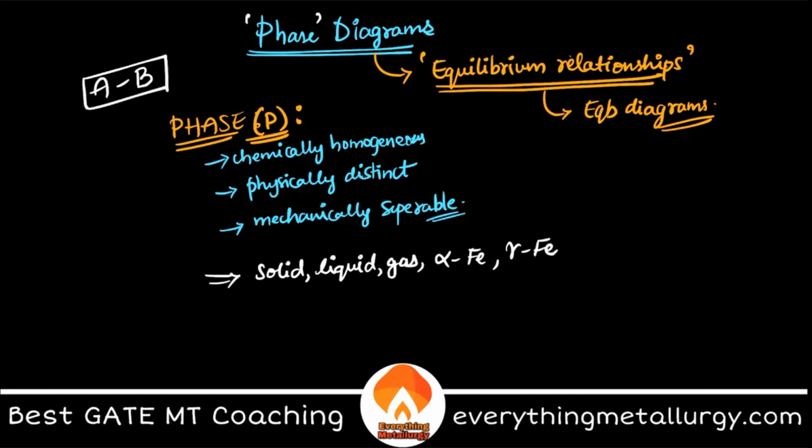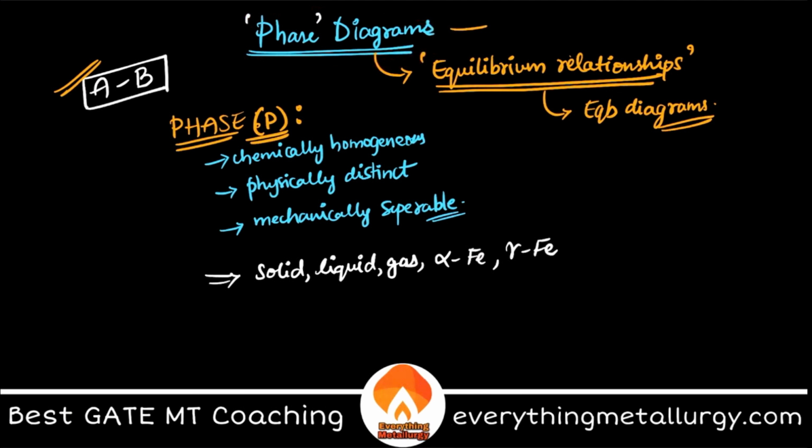As I told you, if you have two different phases, let's say A and B, and if you want to show their relationship, what is that relationship? I told you previously, the conditions at which A and B can coexist together are well represented by phase diagrams.